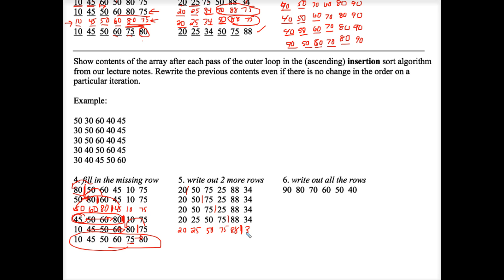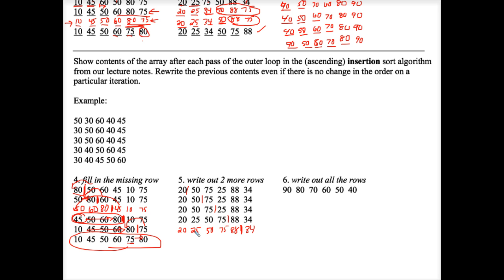The 34 is still in the possession of the dealer, and now we do one more outer loop pass or iteration. The 34 is compared with the 88, it's less than that. It's compared with 75, it's less. It's less than the 50, but it's greater than the 25. So the 34 never gets compared directly against the 20.